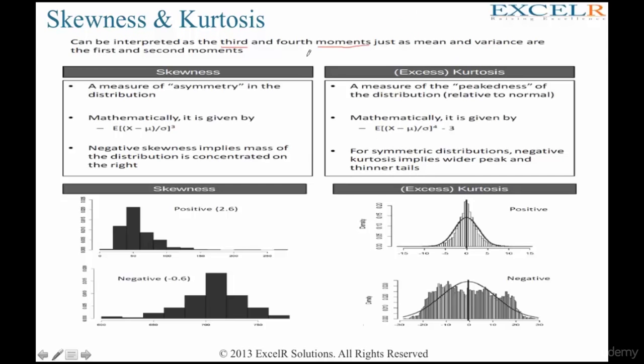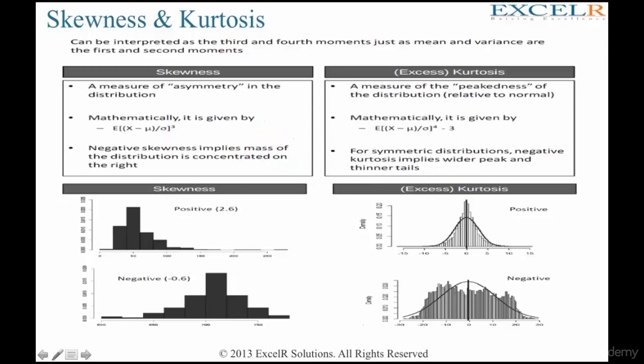Third moment is skewness, right? And if you see the formula, it is (x minus mu) divided by sigma, whole raised to the power 3. Hence it's called the third moment. And if you look at kurtosis, it is (x minus mu) by sigma, whole raised to the power 4. Fourth moment.